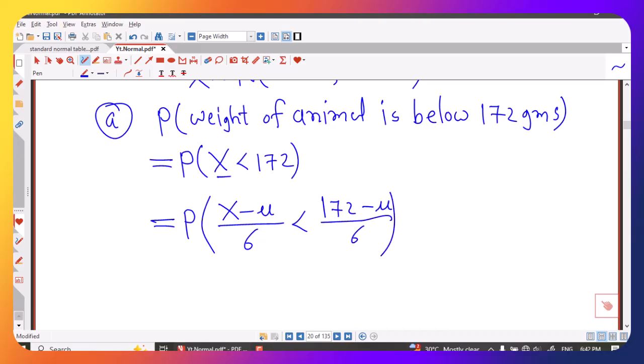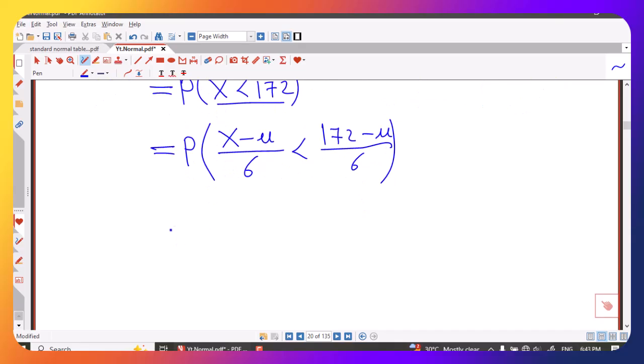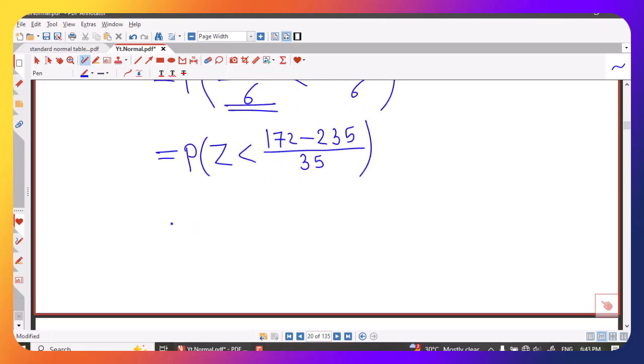We can rewrite X less than 172 as X minus mu over sigma is less than 172 minus mu over sigma, and this is our standard normal random variable Z equal to X minus mean over standard deviation, and here we put values of mean and standard deviation, which are given as 235 and 35. And if I calculate this quantity, this turns out to be minus 1.8.